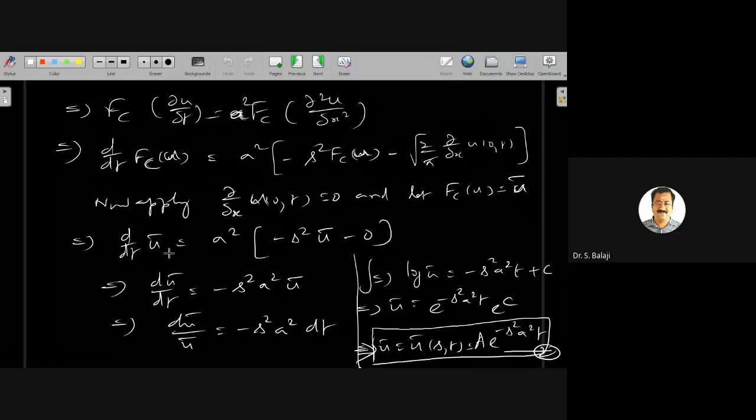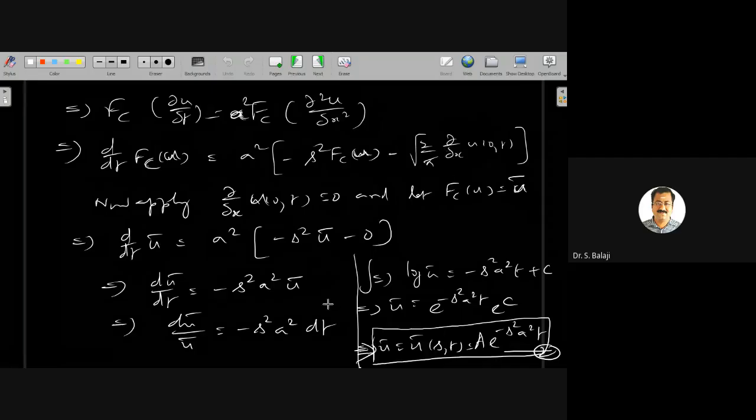So d by dt of u bar is equal to a square into minus s square u bar minus 0. Du bar by dt equals minus s square a square u bar.